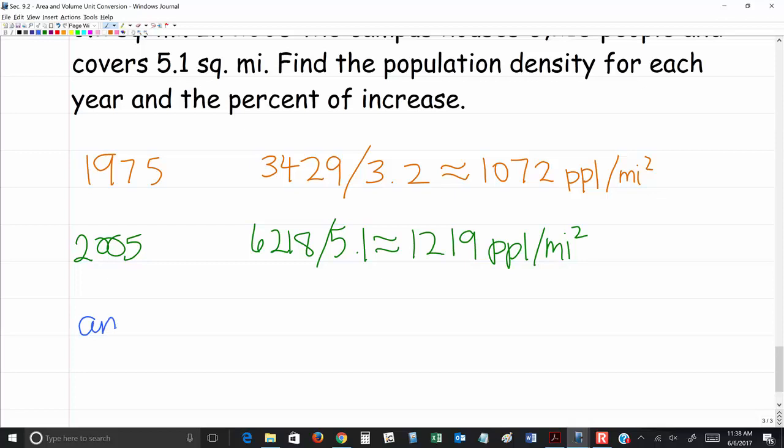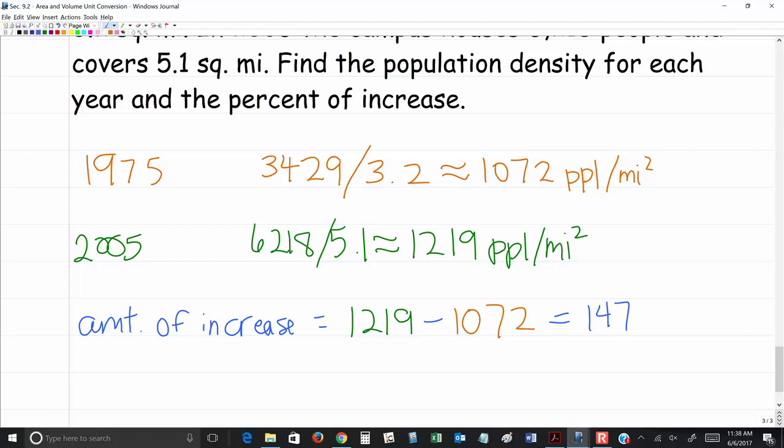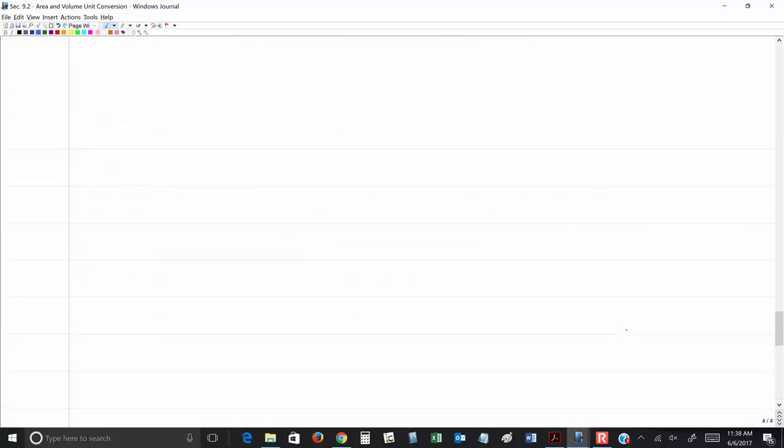So first, I'm just going to do the amount of increase, which is going to equal, just subtract them. So 1219 minus 1072. So that's 147.